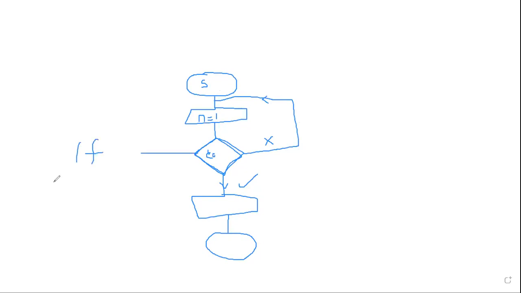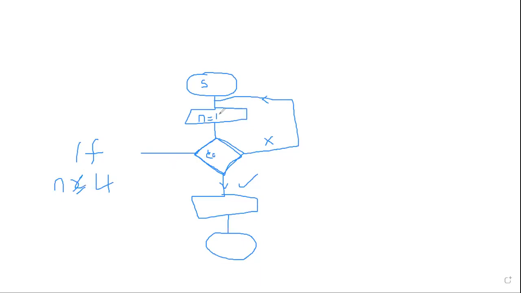Say if n is greater than 4, something like that. You test the statement. Wait, this one is only interested in the condition n less than or equal to 4.